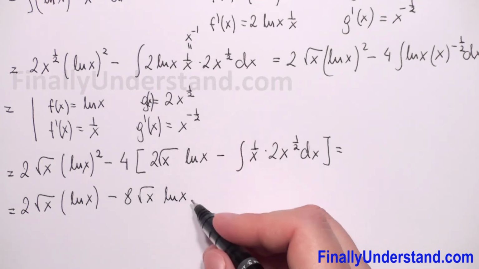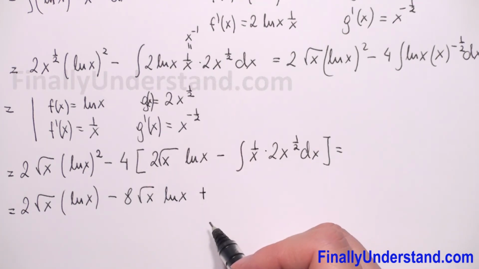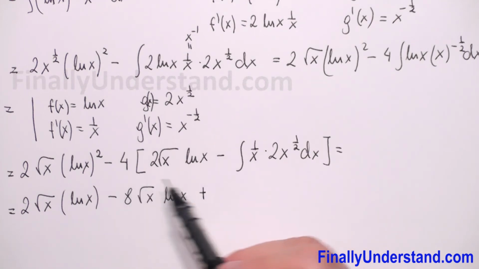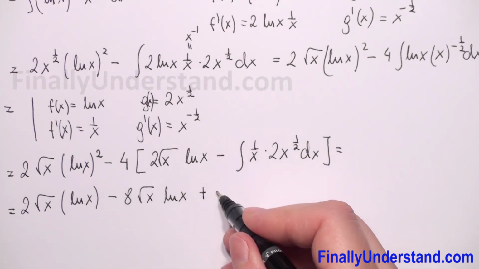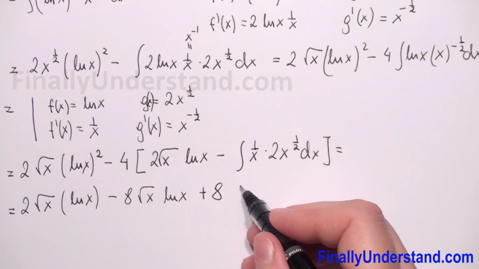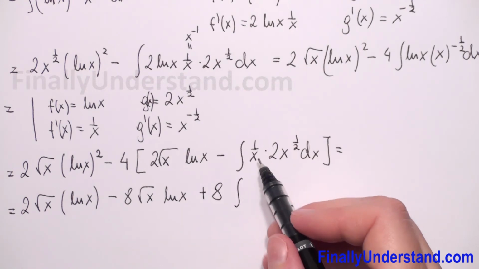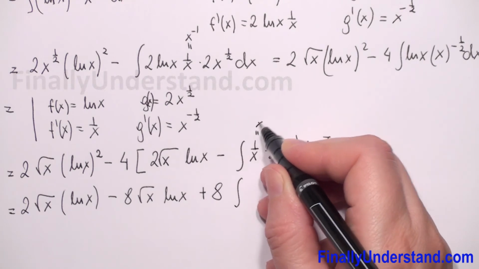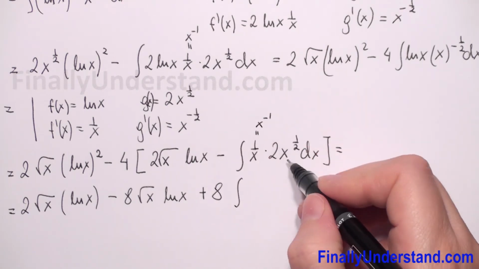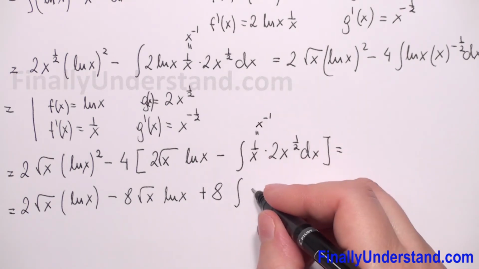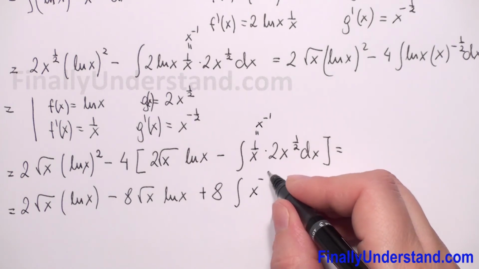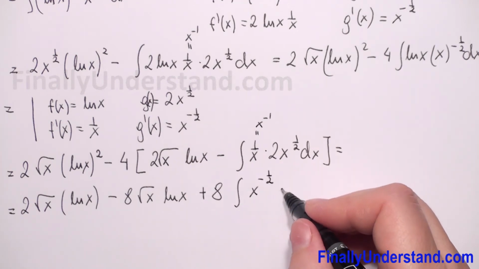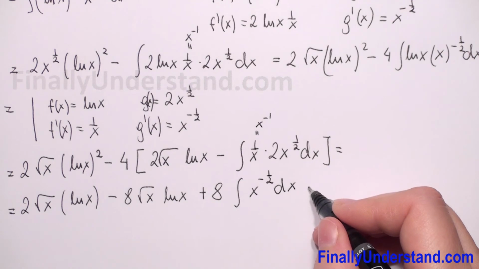Negative and negative give us positive, and we will have 4 times 2 is 8, and we will have the integral of, one more time, 1 over x equal to x to the negative 1, so we have the same base, we need to add exponents, so it will be x to the power negative 1/2 with respect to x.